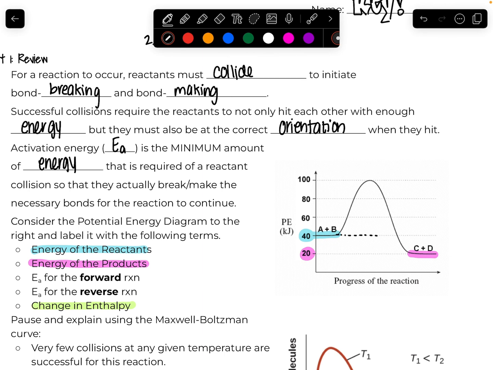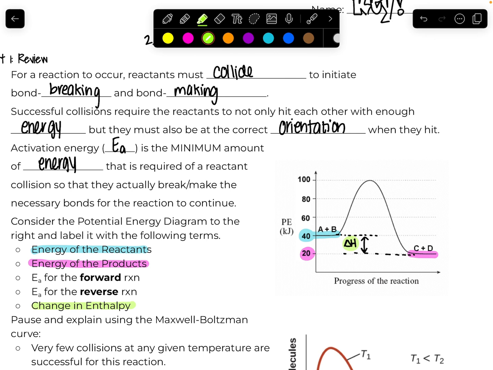The amount of energy that our reactants had minus the amount of energy that our products have, there's our delta H. Because we're ending in a lower potential energy state, there must be energy being released to the surroundings. Therefore, this is exothermic, resulting in a negative delta H value, which we know is favorable.